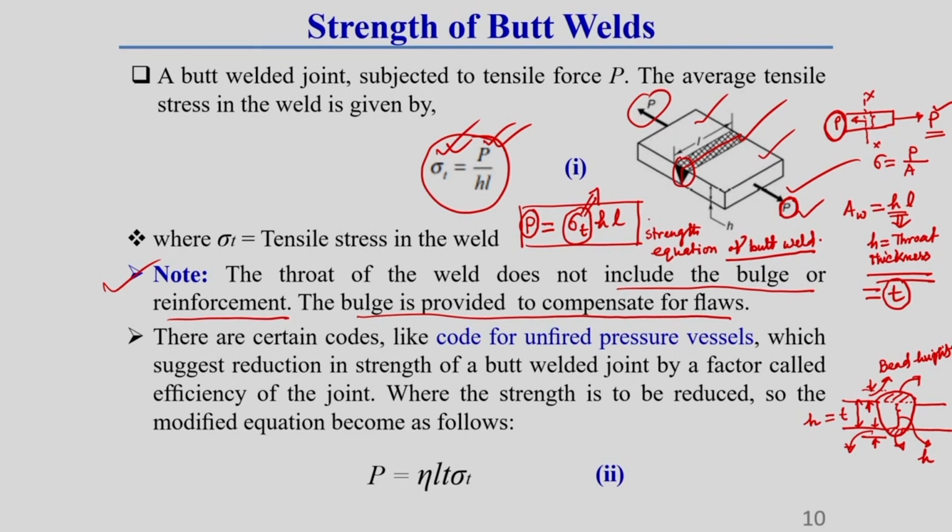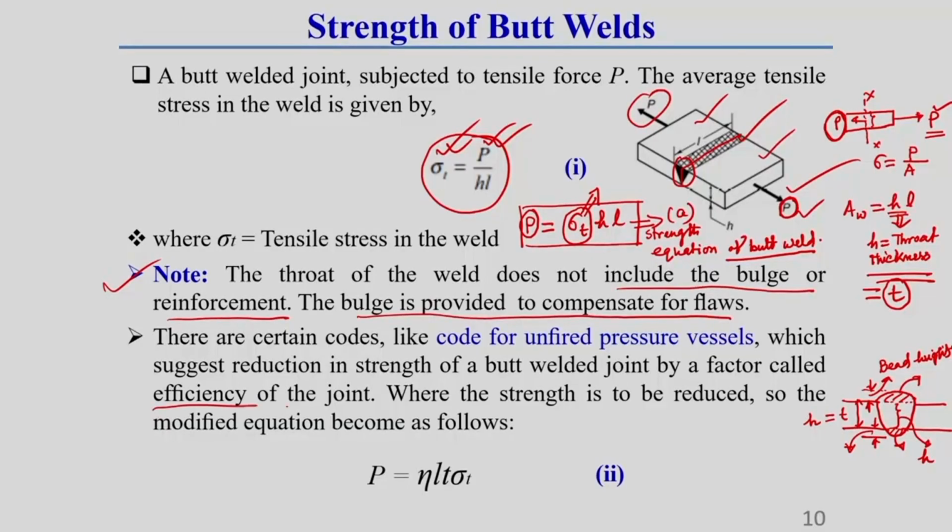So, this equation which I am showing here, let this be equation number A, is called the strength equation of butt weld. Now, in case of butt weld, there are certain codes, like the code for unfired pressure vessels, which suggest a reduction in strength of the butt welded joint by a factor.